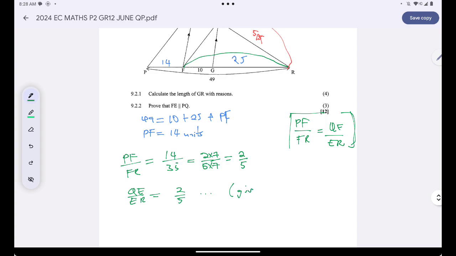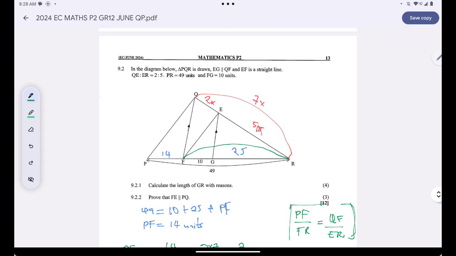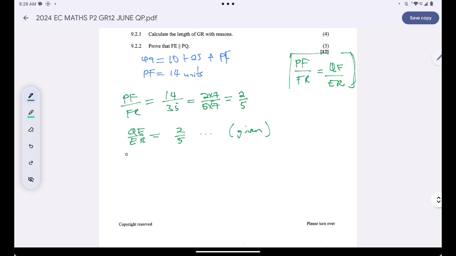Are you together? So I can simply say, therefore, PF over FR is equal to QE over ER. They are both equal to the same ratio, which is 2/5.